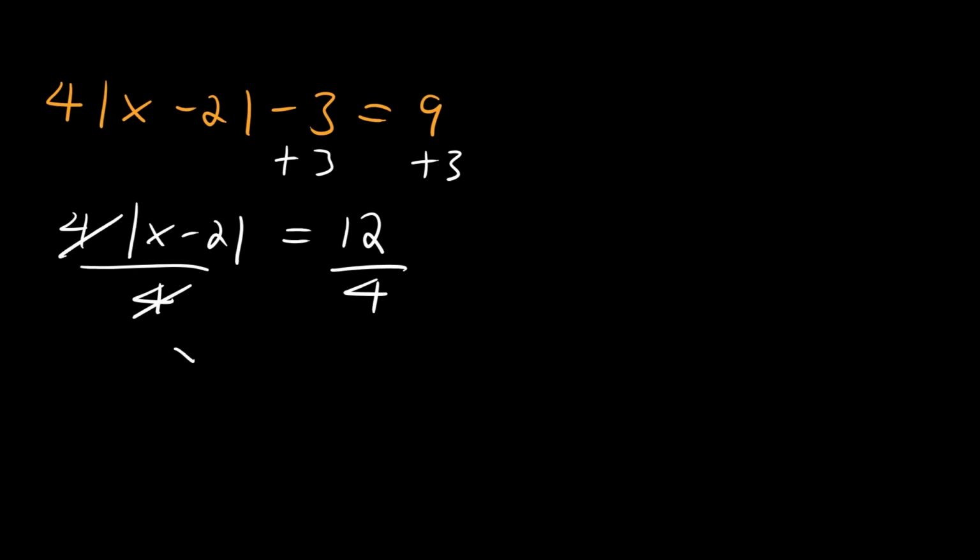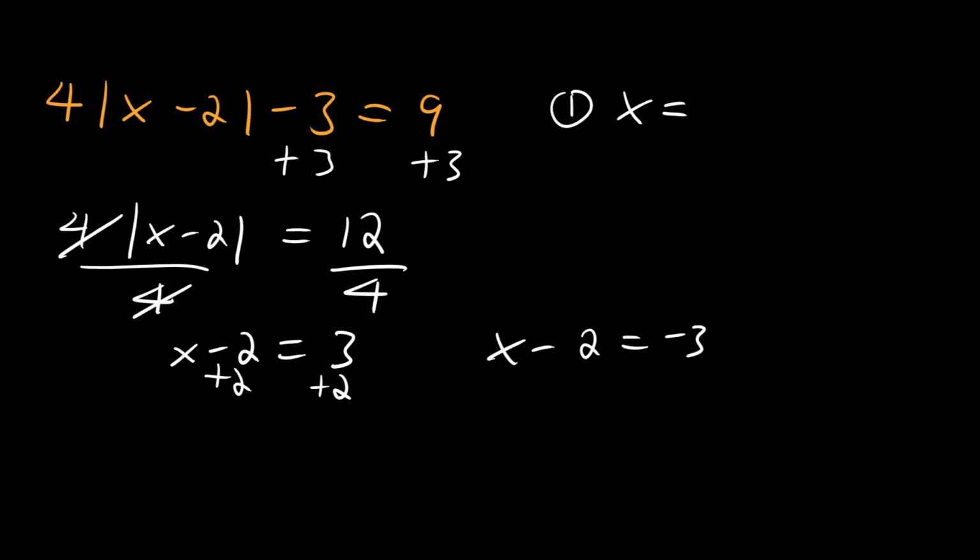Now we will have absolute value of x minus 2 equals 3. Now we can find the absolute values: x minus 2 equals 3, and x minus 2 equals negative 3. Let's add 2. The first one is x equal to 5. Let's add 2 again. In this case, the other one will be x is equal to negative 1.